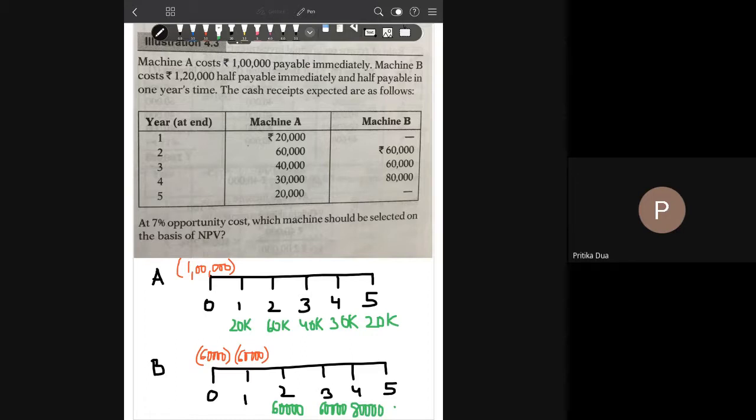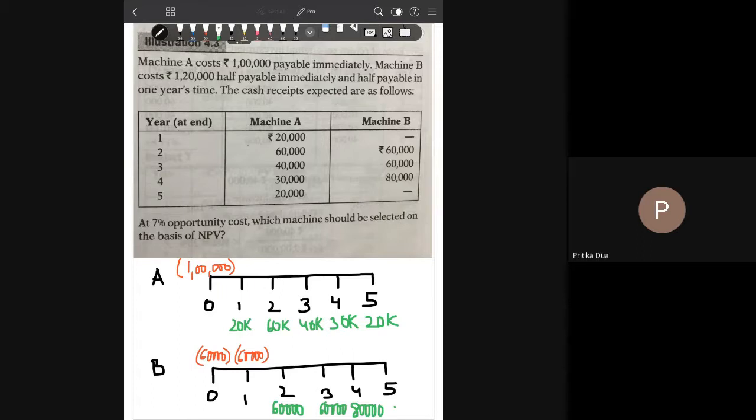So you need to calculate the NPV. Now, how is it different from the calculation part? Till now, the cash outflows were at 0 point of time, so you were not calculating the present value of cash outflows.